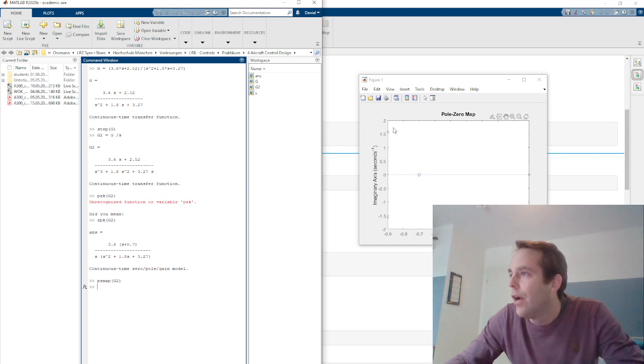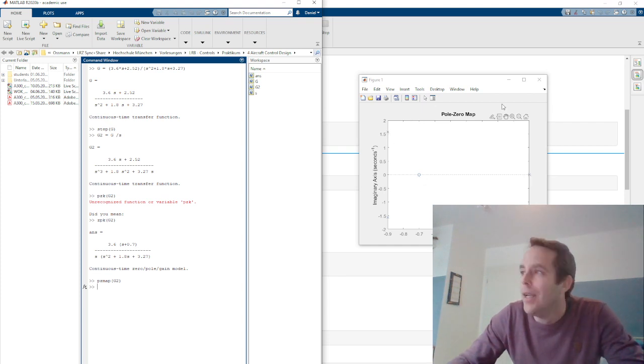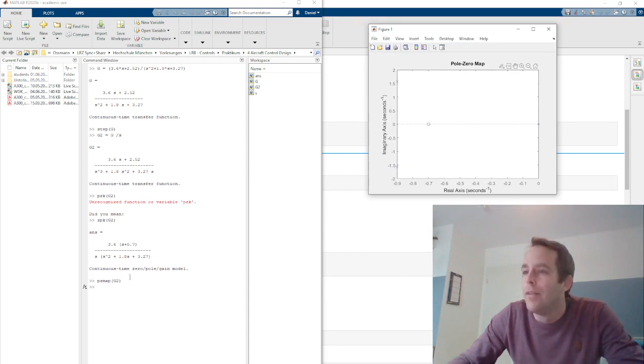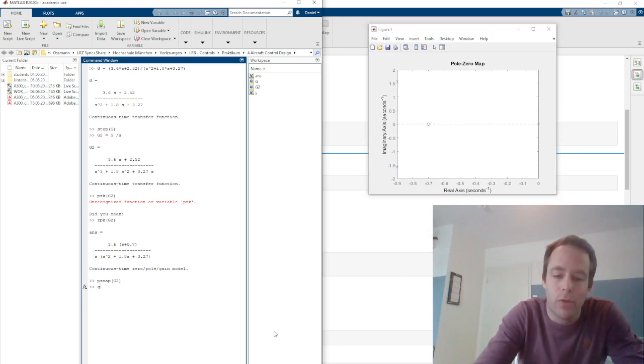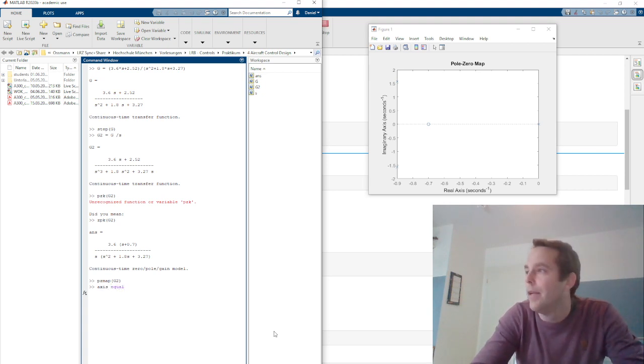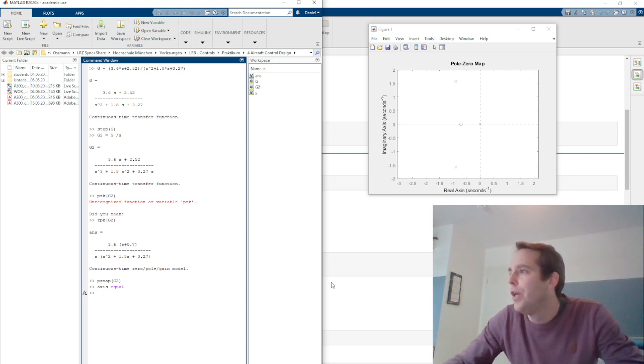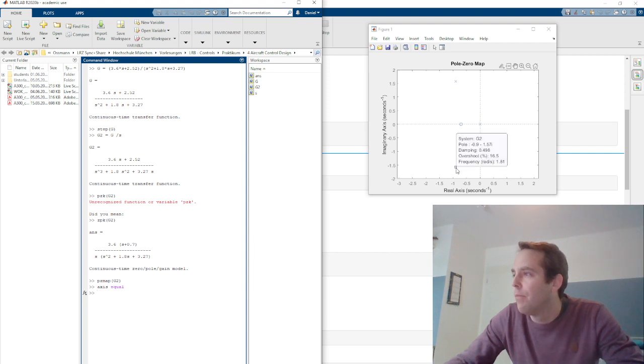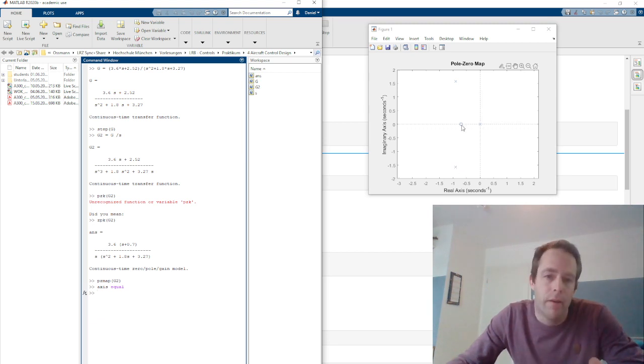Well, you see here are the poles. Here is the zero. Here is the pole at 0. So it's not that nicely visible, so we can do some tricks here. We could, for example, say axis equal, and then we should get a better view. And now you immediately see that you have the poles, which are at minus 0.9 plus minus 1.6j, and we have this integrator pole here, and the zero here.